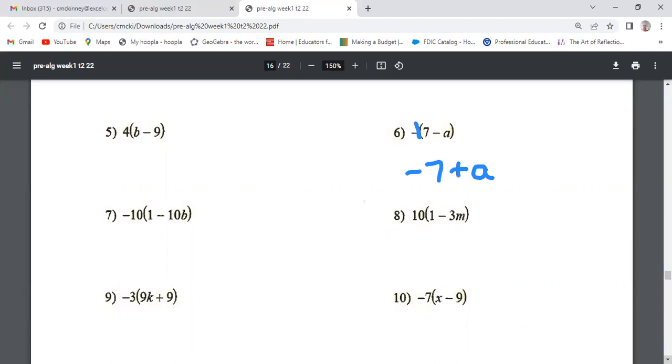So if we did -1 times 7, that's -7. -1 times -a is +a. Same answer either way. So just know if there's a negative on the outside of the parentheses, when we get rid of the parentheses, everything inside is going to have a sign change.